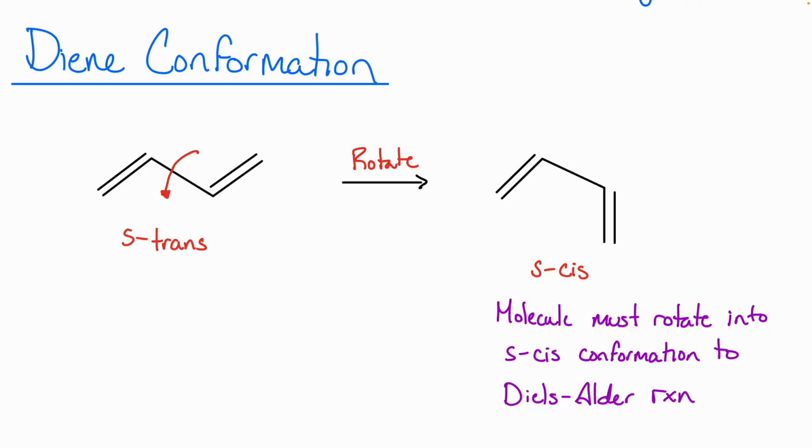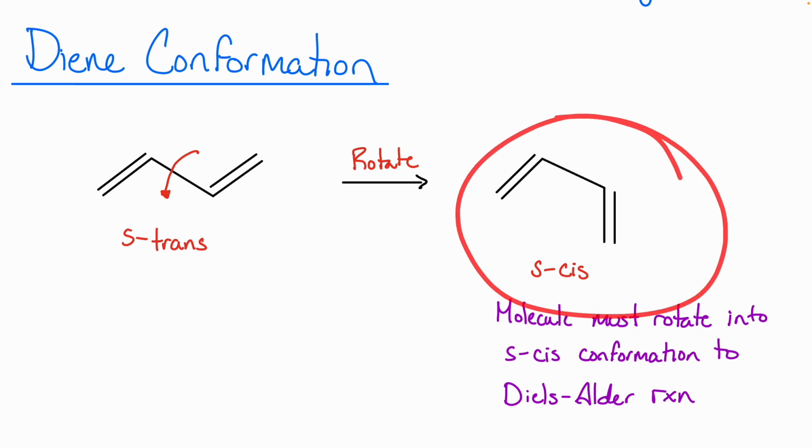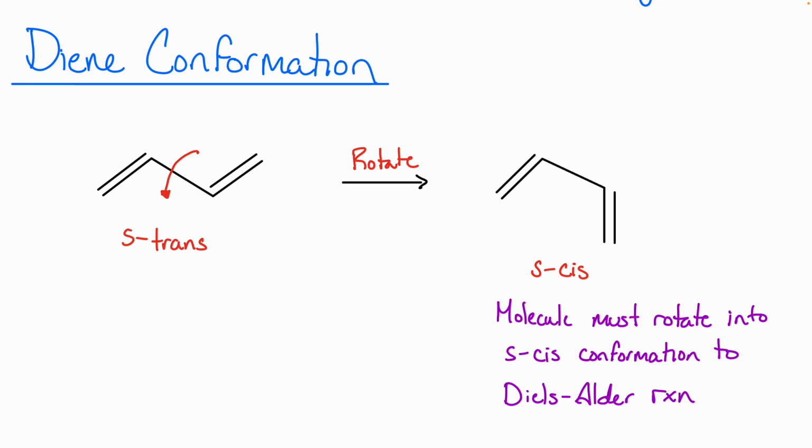If a molecule is locked in the S-cis conformation because there's a ring or something present, then it's really reactive in these Diels-Alder reactions. If it cannot go into the S-cis conformation, again, it's locked in some way with a ring, then it will not undergo Diels-Alder reactions. Every molecule must first rotate into this S-cis conformation in order for this Diels-Alder reaction to occur.